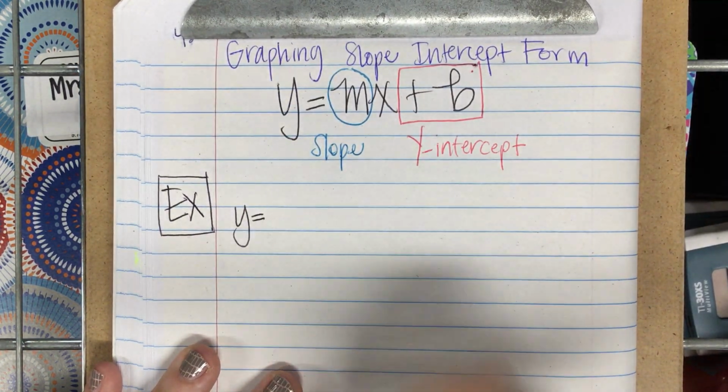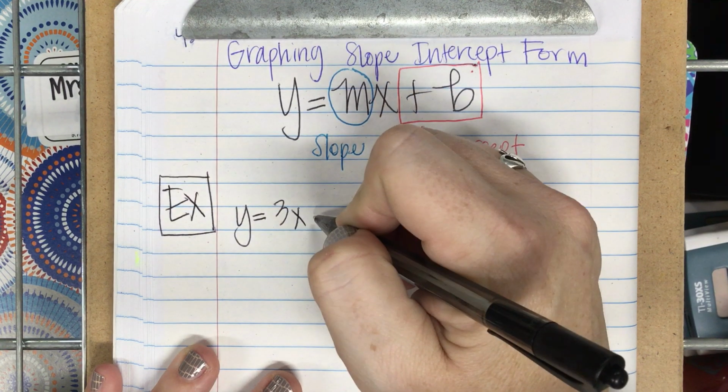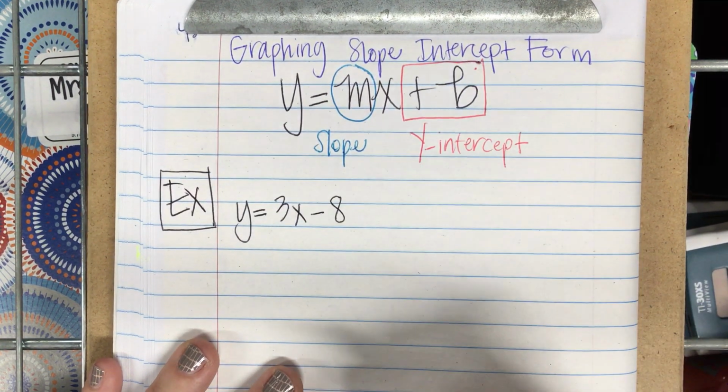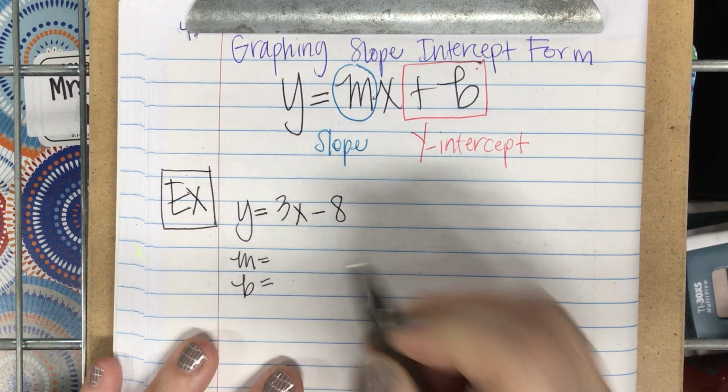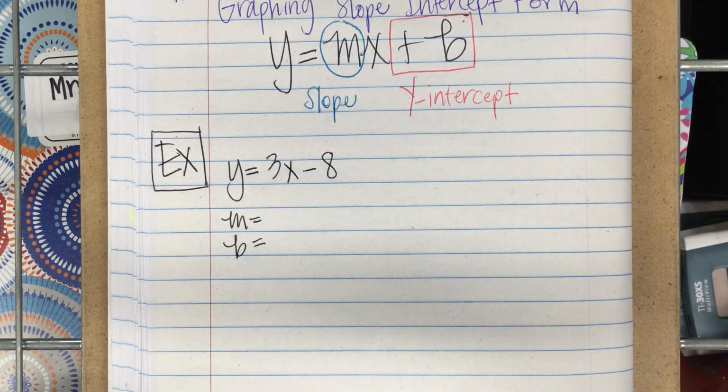Y equals 3x minus 8. Let's identify the slope and the intercept. Identify the slope and the intercept. Who's got the slope? Joseph, what's the slope? It would be 3. 3 what?